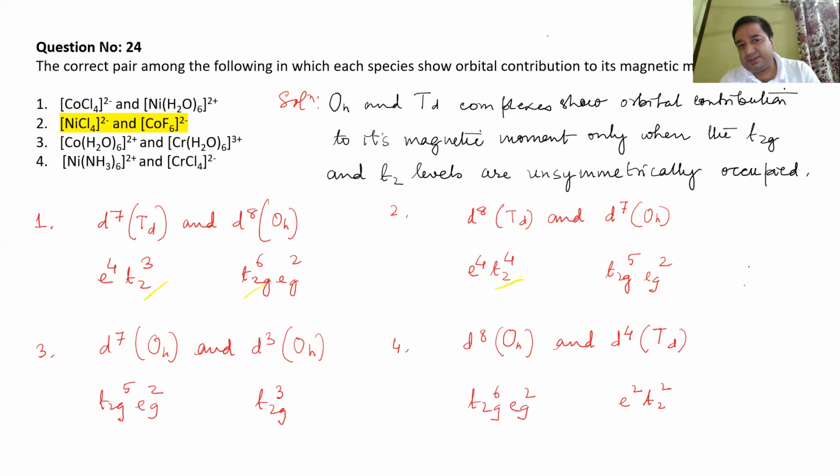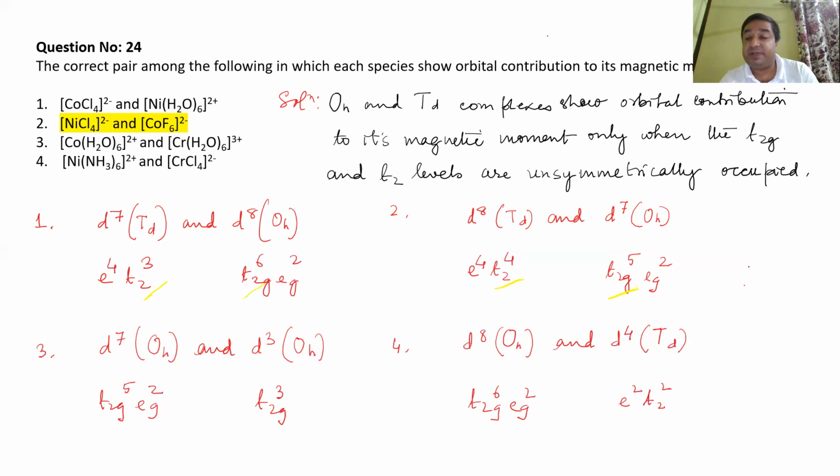Also for the next one, which is [CoF6]2-, we can see that the t2g is also unsymmetrically filled. Hence, we conclude that in this particular option, both the complexes are showing orbital contribution.